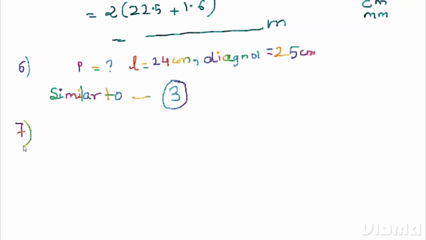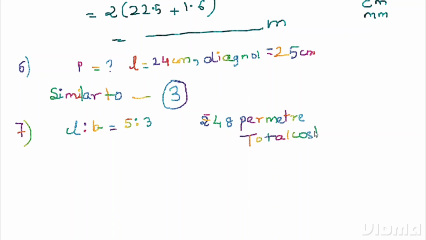They are telling that the length and breadth of a rectangle are in the ratio, length to breadth is 5:3. And then they are telling that the total cost of fencing at rupees 48 per meter is rupees 19200.